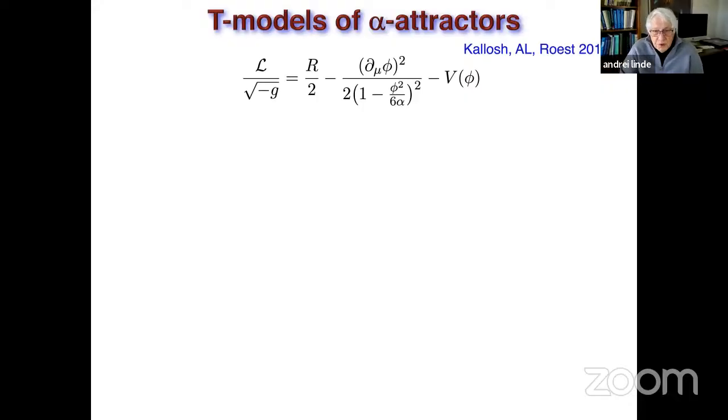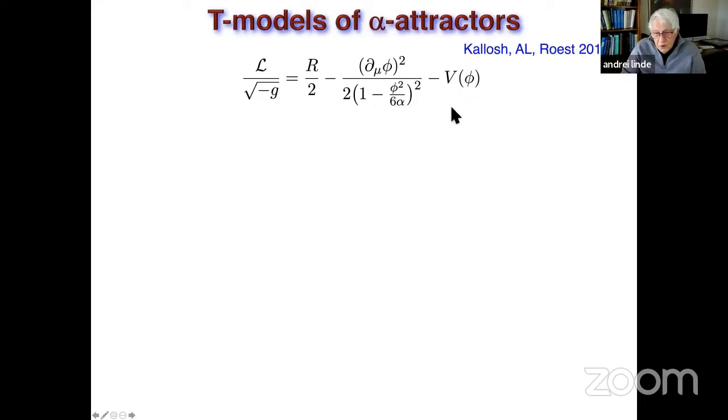For alpha attractors, you just take normal Einstein theory, almost any kind of scalar potential, and the only thing that you change with respect to the standard theory is that you take a kinetic term which has a singularity downstairs.